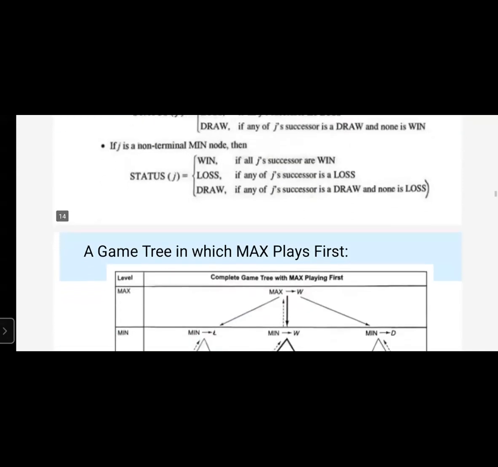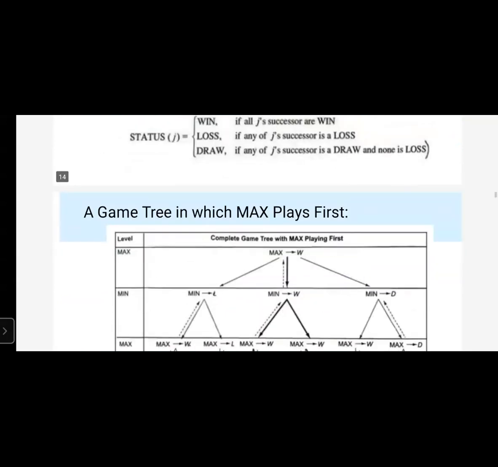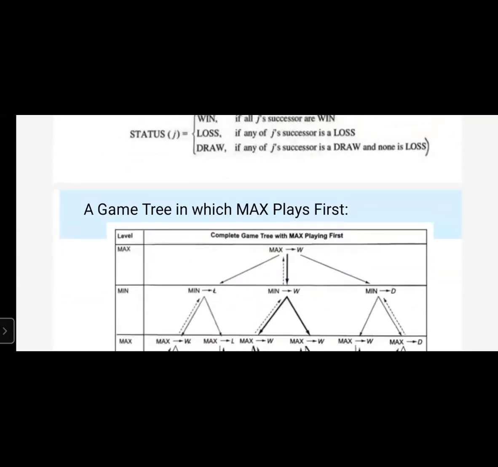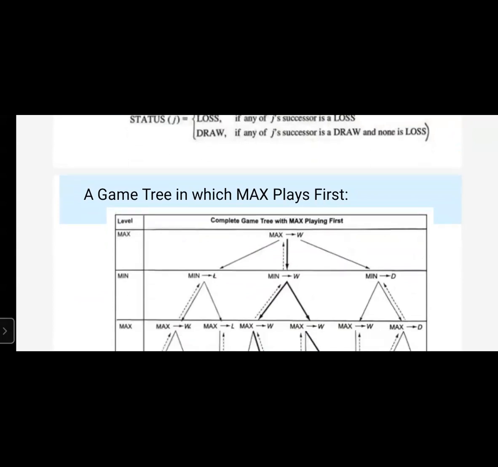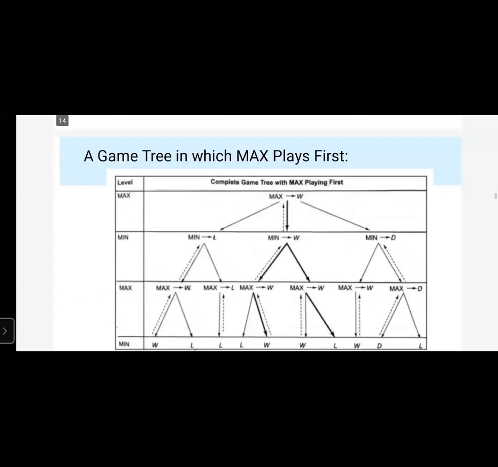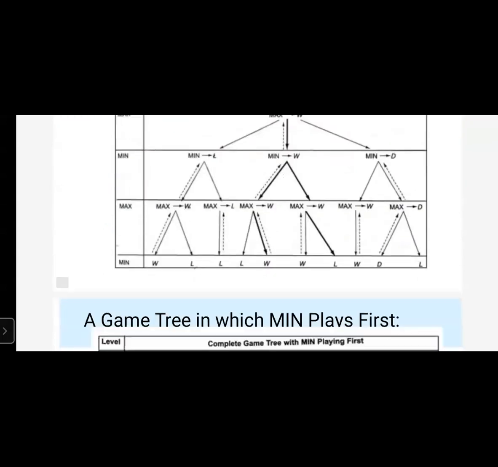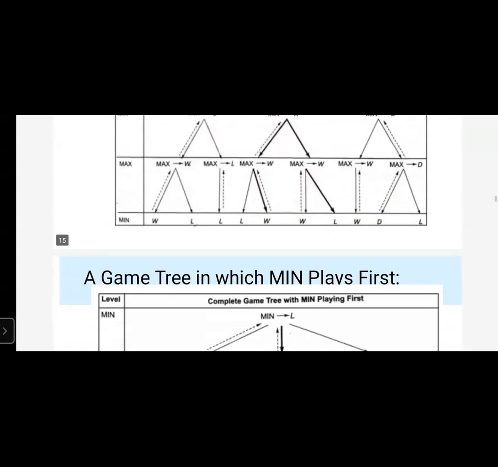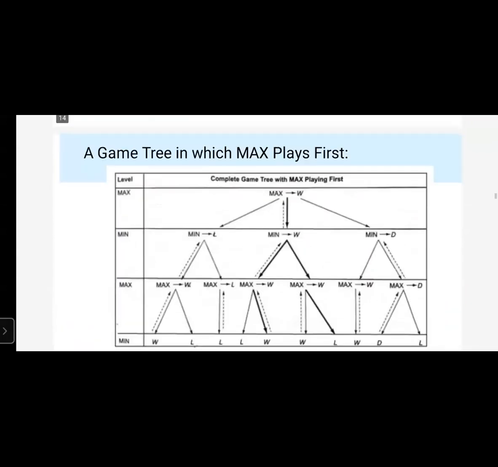And if it is min, it is represented for loss, for win, and for draw. The first one is for win. So if it is a max node, how does it win, how does it lose, or how does it draw? These are the representations of the game tree.